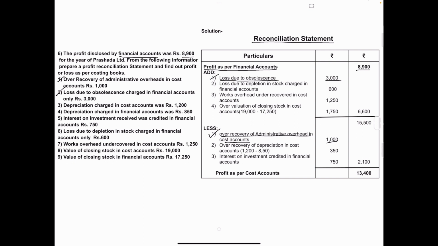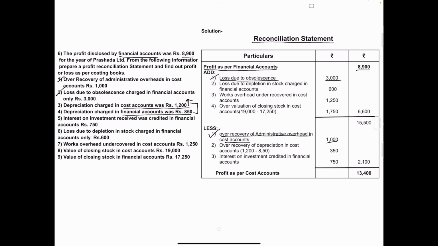Third one, depreciation charged in cost accounts rupees 1,200. Depreciation charged in financial accounts rupees 850. Compare these two amounts. So in cost accounts the depreciation amount is 1,200 and in financial accounts 850. Means there is an over recovery of depreciation in cost accounts as compared to financial accounts.